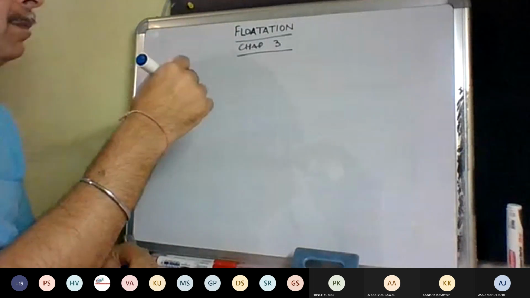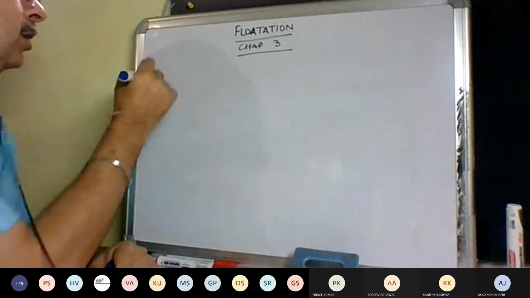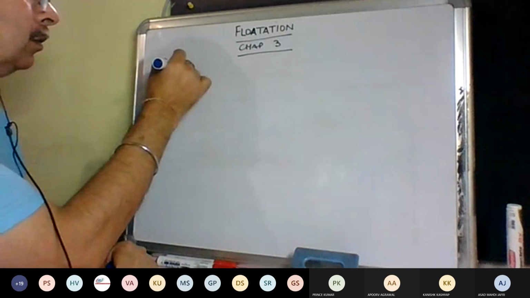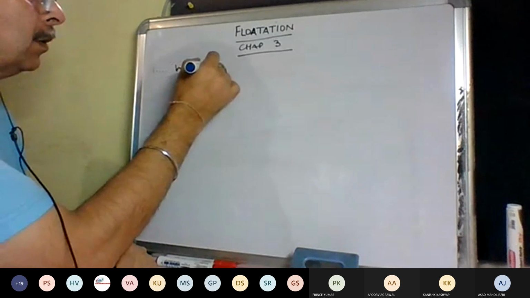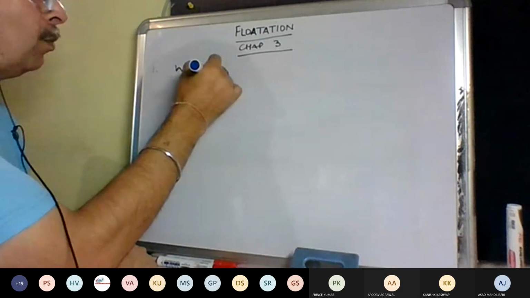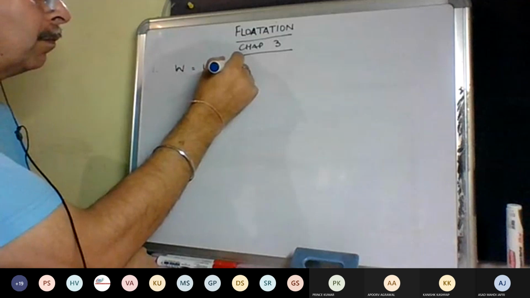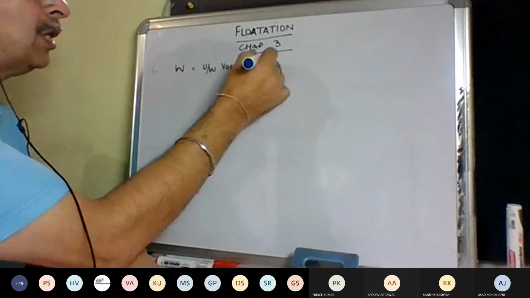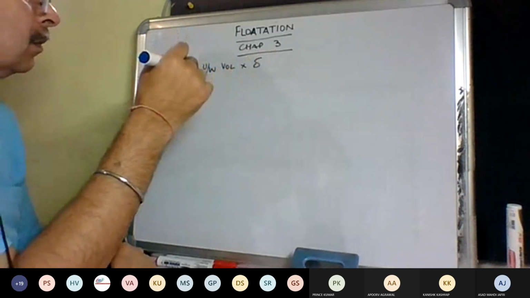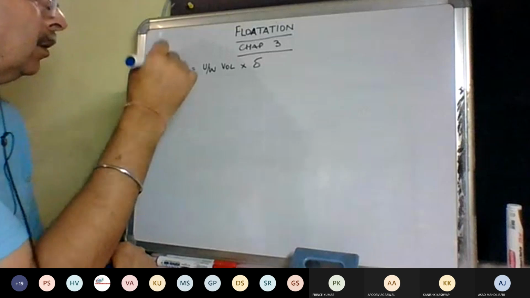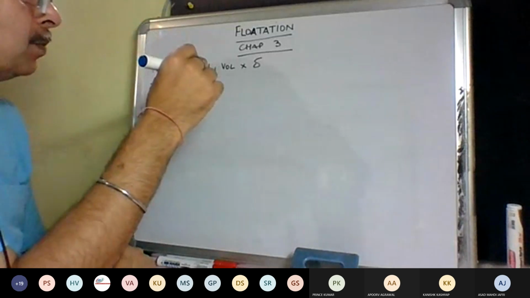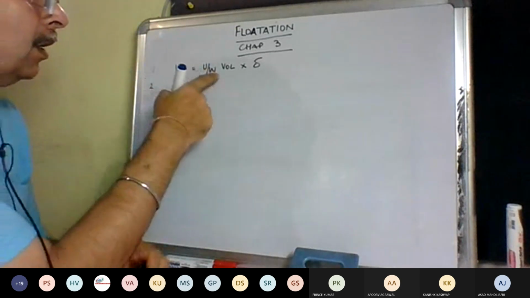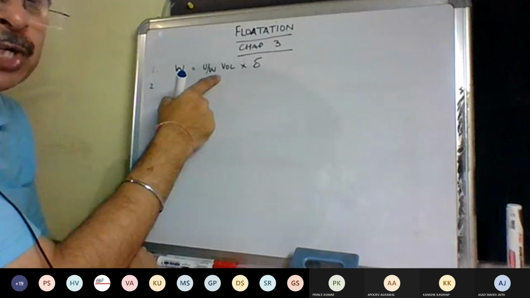So, please remember, in flotation, displacement is underwater volume into density in which she is floating. That is primary, the first one. Underwater volume of whatever shape it is.